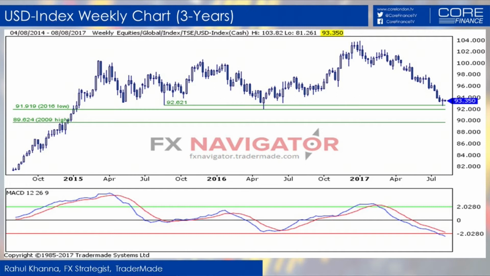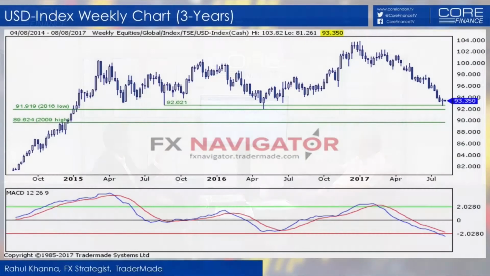So now the market is looking at whether US CPI has bottomed out and is going to start looking up, and will the Fed change its course in that regard? If on Friday CPI does beat expectations and comes in slightly positive, then this could be the start of a bottoming phase for the dollar.